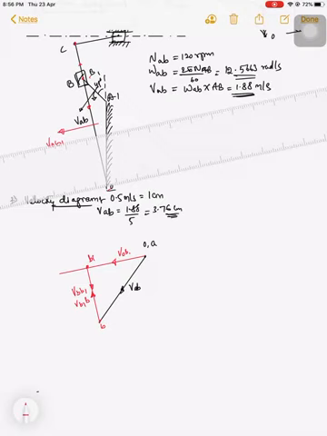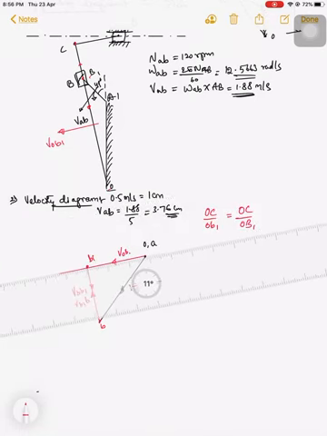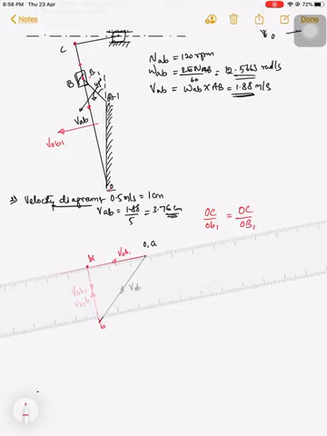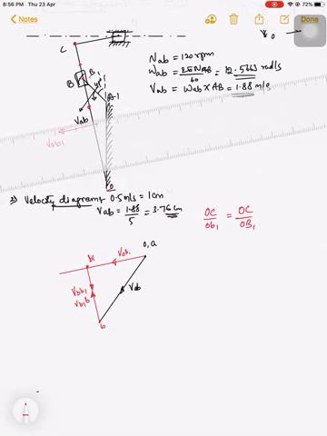For that, I'll again consider the similarity principle, that is small OC divided by small OB1 is equal to capital OC divided by capital OB1. When I measure small OB1, the value is 2.8. Capital OC has been given, that is 700 millimeter.